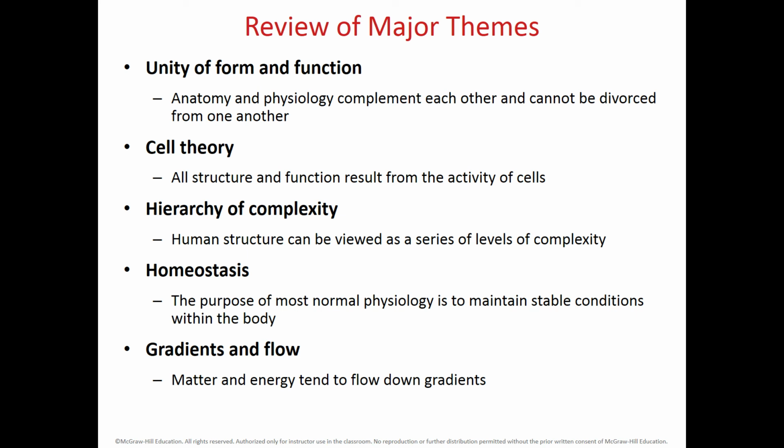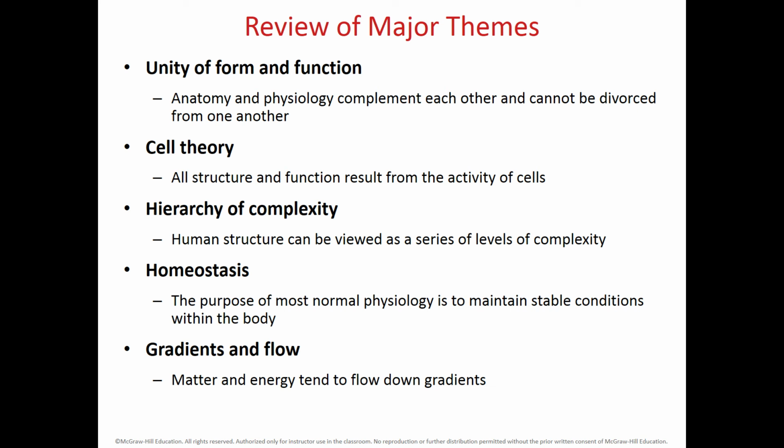If you know through anatomy the structure of one organ or one tissue, you can understand the physiology or the function. Now in cell theory, we have a structure which is a cell that has a specific function that results from the activity of several cells.